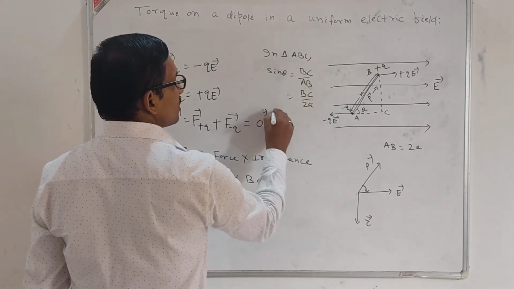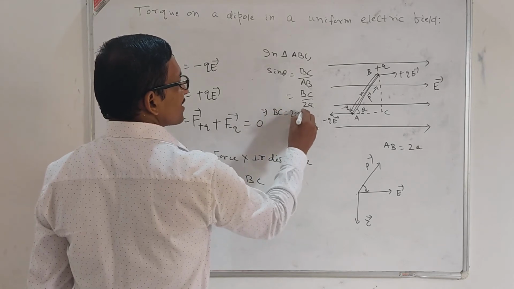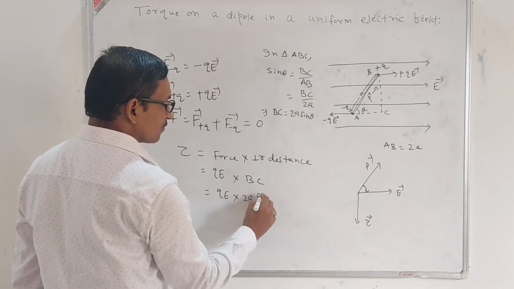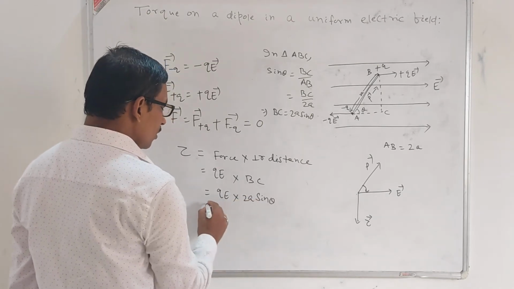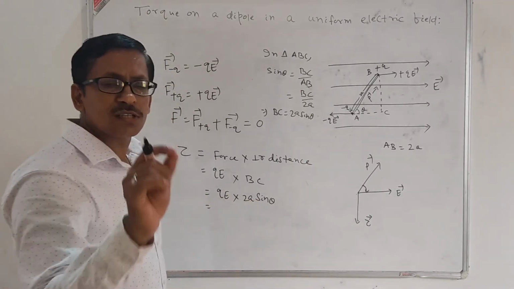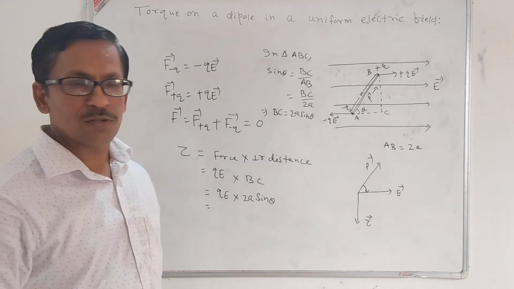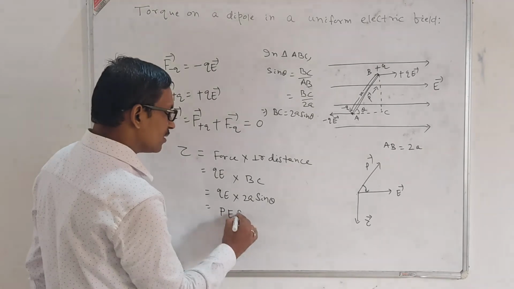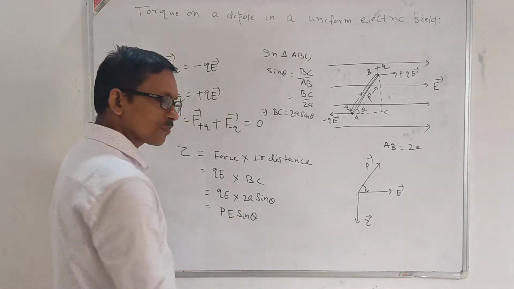So this implies BC equals 2a sin theta. Just put the value 2a sin theta. But you know, q into 2a is nothing but the electric dipole moment of the dipole. So I can write p. So it will be equal to pE sin theta.